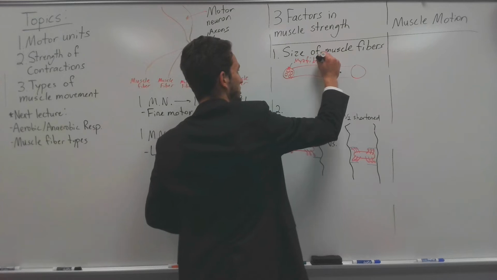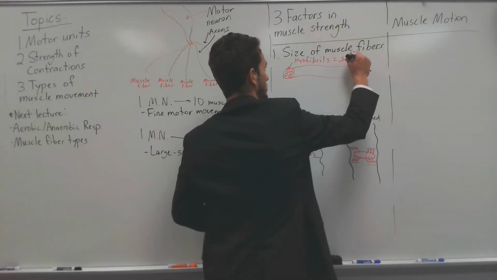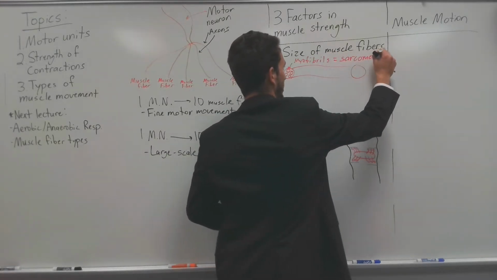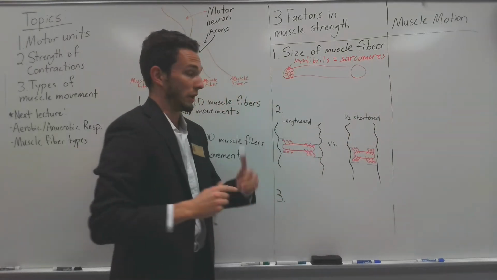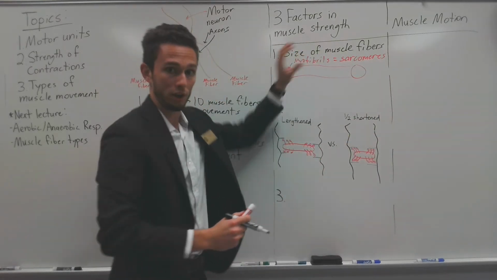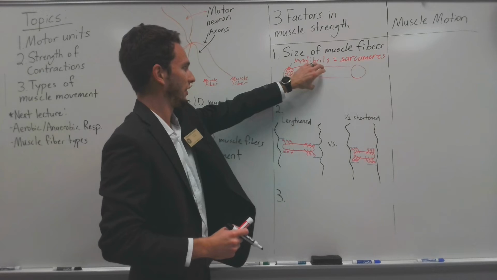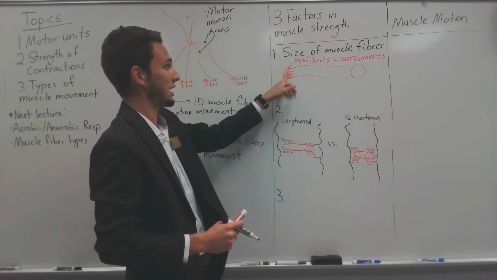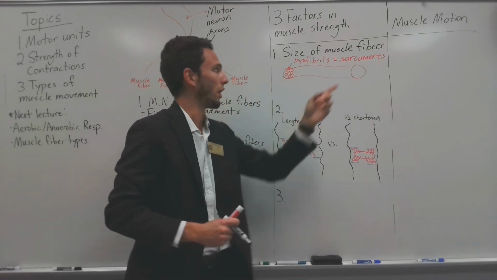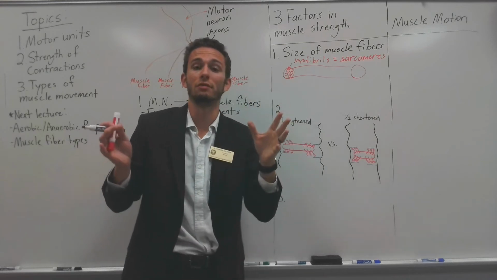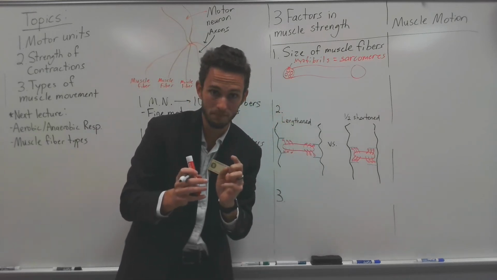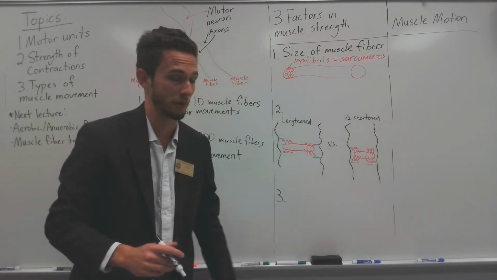Okay, these are the ones that contain the sarcomeres, which are the contractile units, which we'll talk about in a second. So if we were to enlarge either the muscle cell itself or maybe increase the size or density of the myofibrils, we'll have more sarcomeres, therefore we'll have more strength in our contractions. Okay? That's the first aspect.